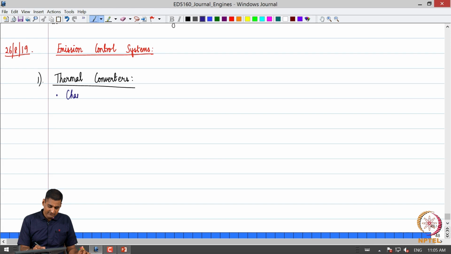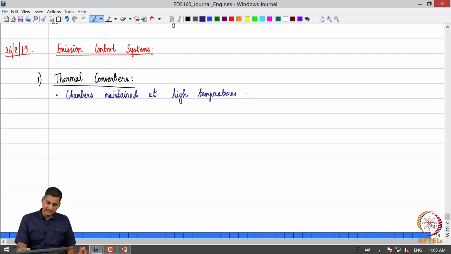So, a thermal converter or thermal converters are chambers maintained at high temperatures where CO and HC are oxidized.